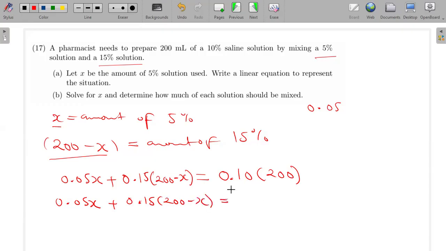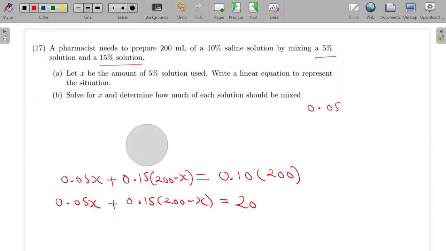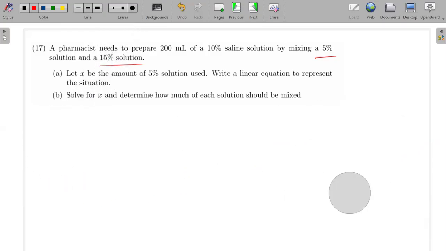On the other side, I multiply 0.1 by 200, and I just get 20. So this here is my linear equation that represents the situation that we have. Okay, so that's my linear equation. Now, let me write it here.